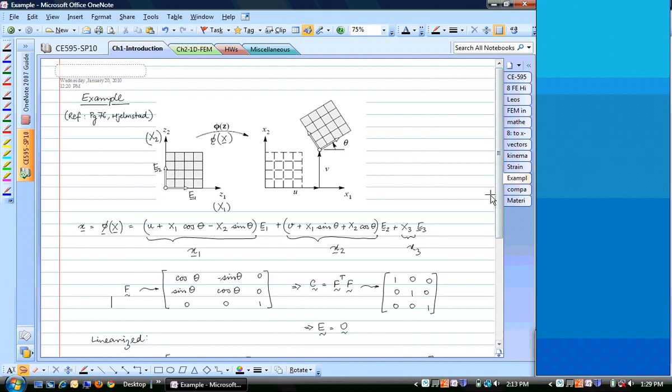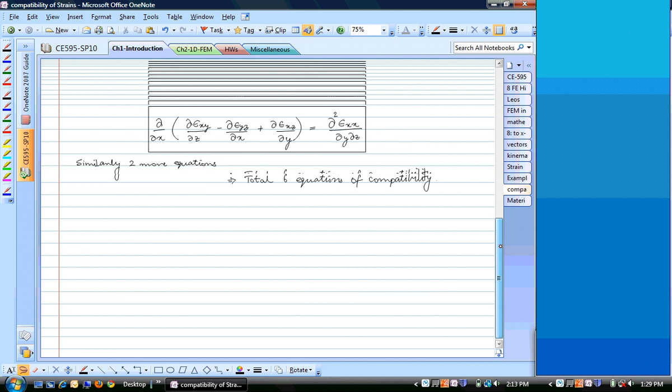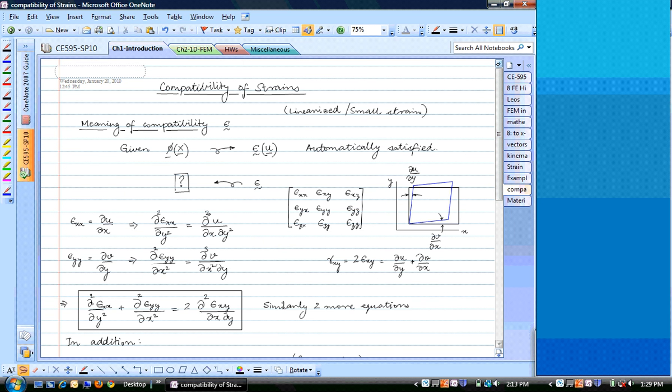But if you have never seen all this material before, then try to go back, make sure you understand at least what we've talked about in the lecture, and then if you need to know more, then you'll have to dig in a little bit. All right, so there's another condition that is somewhat related to kinematics, and that's called compatibility of strains. Now, how many of you have heard of compatibility conditions?